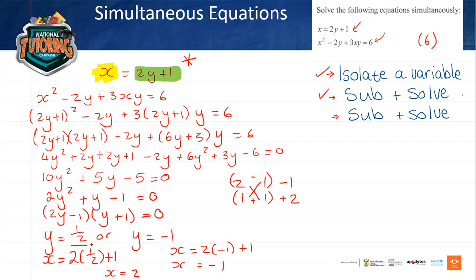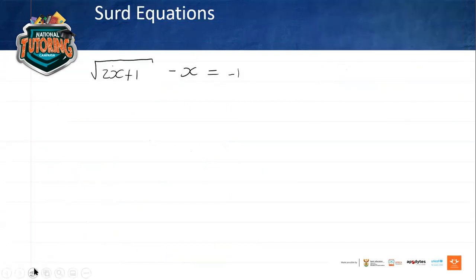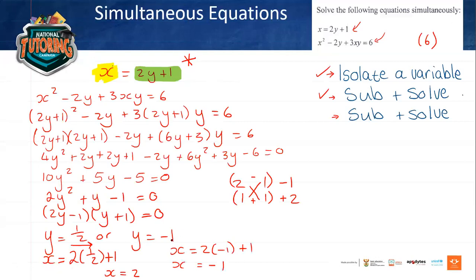You need to have your y value and your x value, and your y value and your x value here as well. It's a fairly long-winded process, but you're going to get the same type of question almost every time. So if you can practice this, you are almost assured of a 6 marks in your equations section.